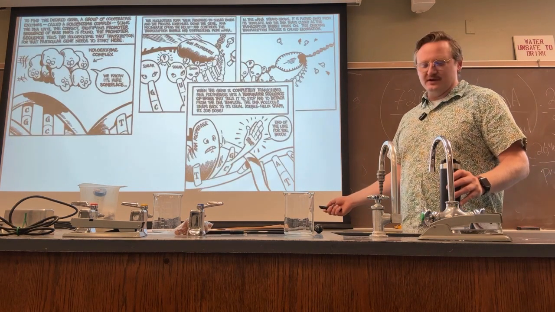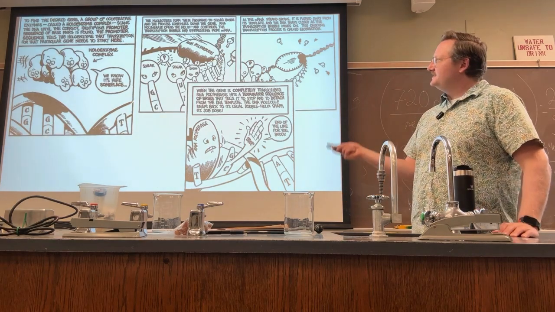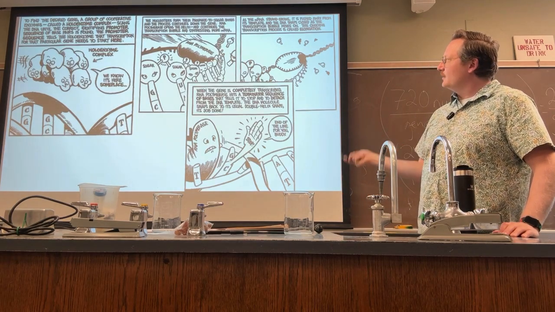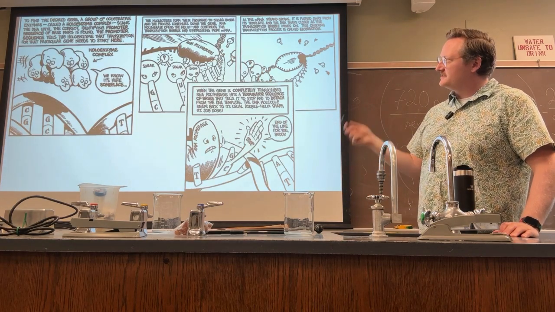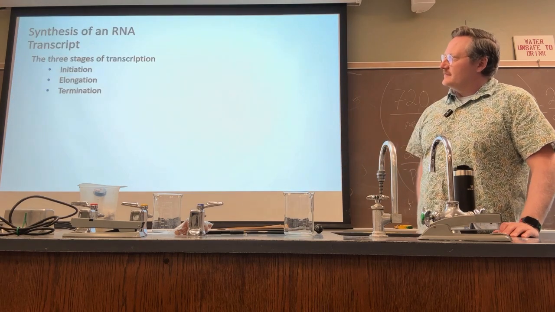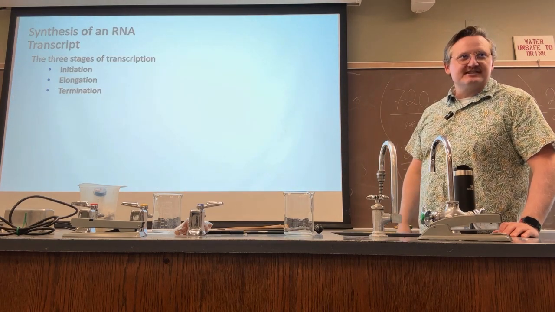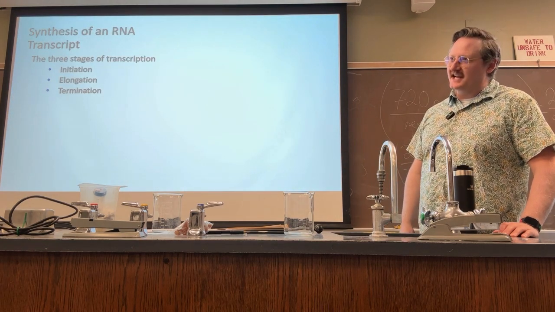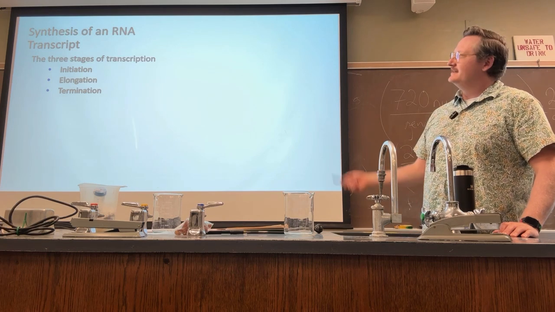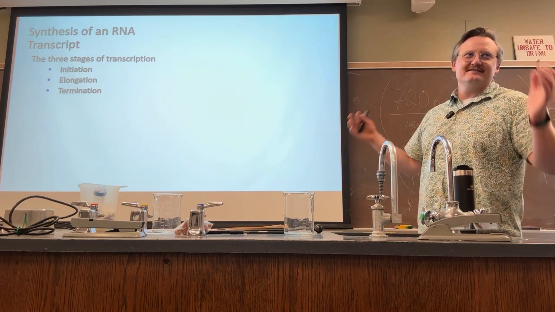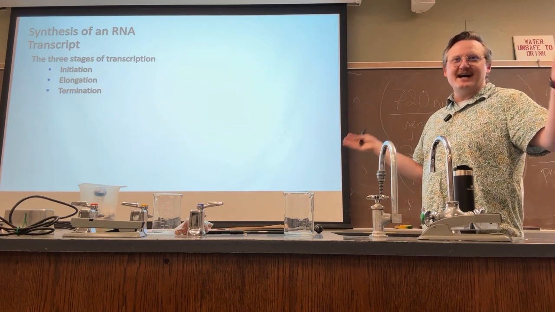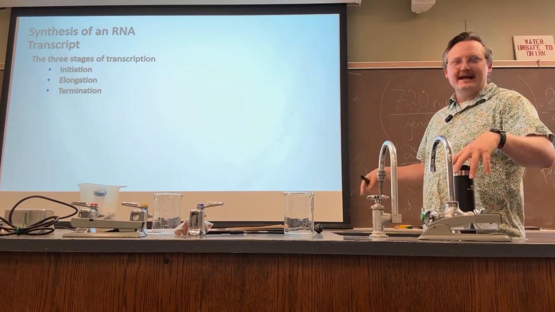Okay, but of course there's more to it. These 4 little blocks explain the 3 stages of transcription. The 3 stages being initiation: it starts, RNA polymerase binds, starts making RNA.